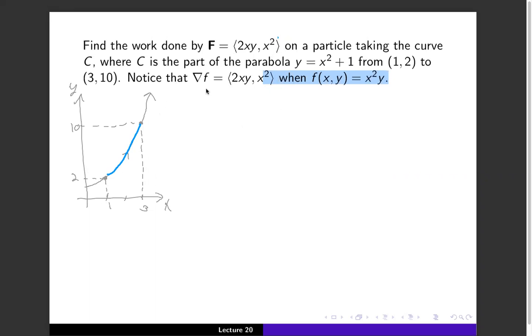So the whole observation here that we want to see is that F, our vector field, is already a conservative vector field. We already know that it's the gradient of something else.